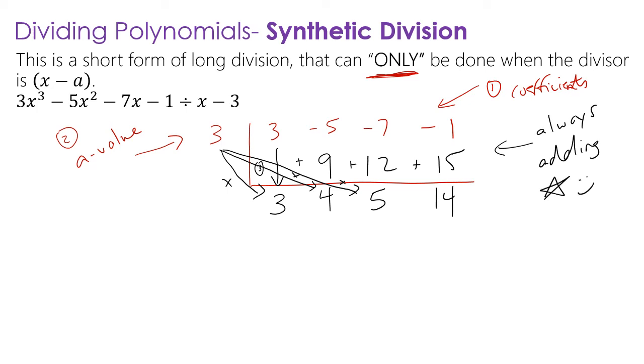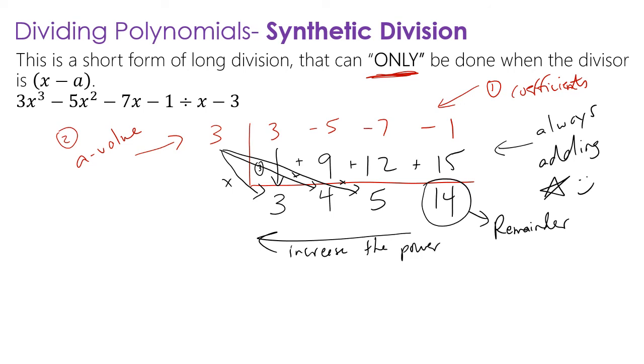Now, how does that give us our answer? Well, this last number here, so forever and always, that is your remainder. And then as you go this way, you're going to increase the power on x, or the degree on x.